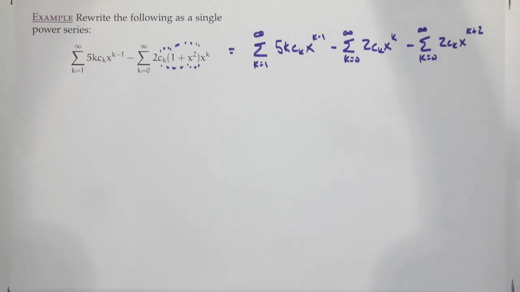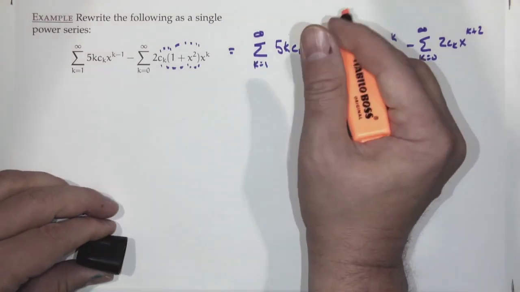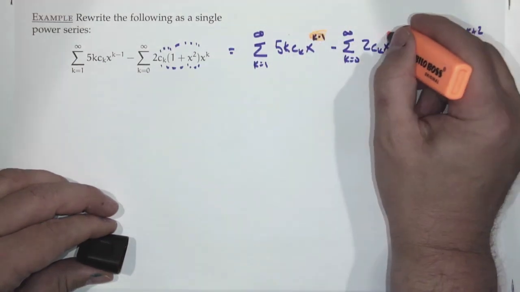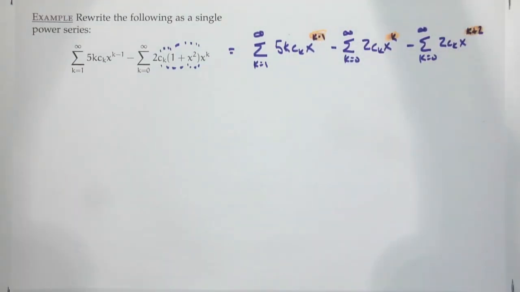Okay, now, what happens next? Yeah, we have to compare, right? Are we ready to push things together? Well, our exponents say no, we're not ready yet. So what's the substitutions that we make? On the first sum, what do we substitute?